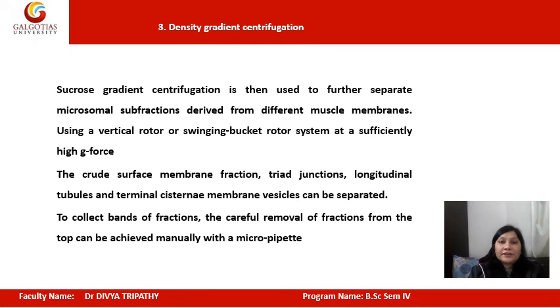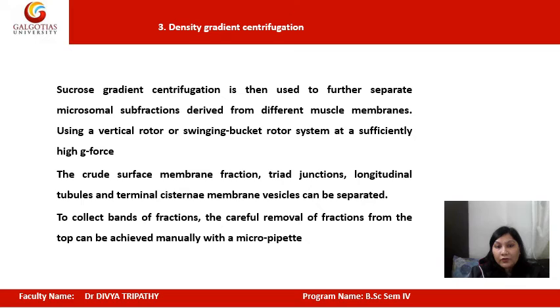Now coming to the third step, that is density gradient centrifugation. See, in differential centrifugation, we have different fractions on the basis of different size, right? Now there is a probability that in a particular fraction there may be the presence of more than one cell organelle of the same size.